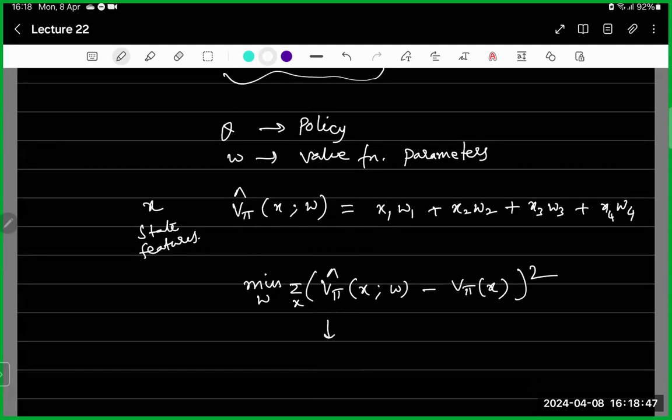What will be the gradient for this? You can think of this as an expected value, weighted by the probability of being in some state s when you follow policy pi. So W new equals W old plus some alpha times, what should we write here? V pi. So you have to minimize this, right?